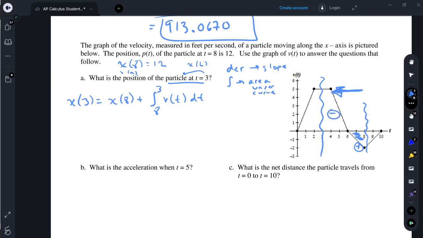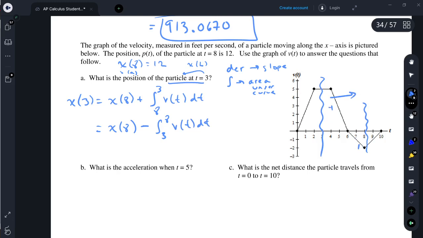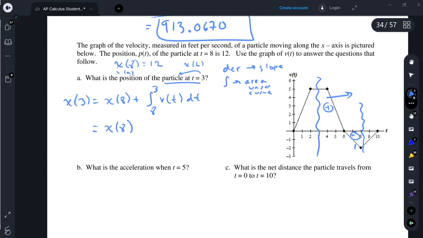If you don't want to deal with that, another thing you could do is x at 8 minus the integral from 3 to 8 of v of t dt, and if you do that, then you'll be going forwards, right? And so this will be positive, this will be negative, but it'll be taken care of because of that minus sign. I personally don't like to do that because if you don't put a big parentheses around everything, it messes you up. So I just like to say, if I'm starting at 8, I just flip all my signs. So that's what I'm going to do.